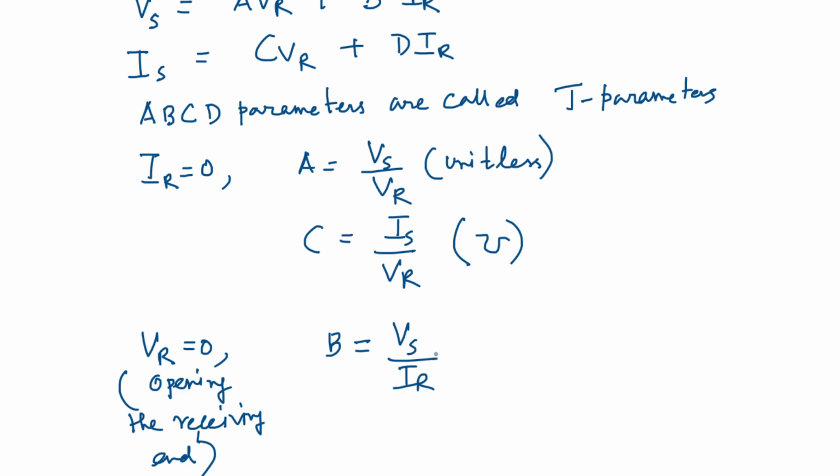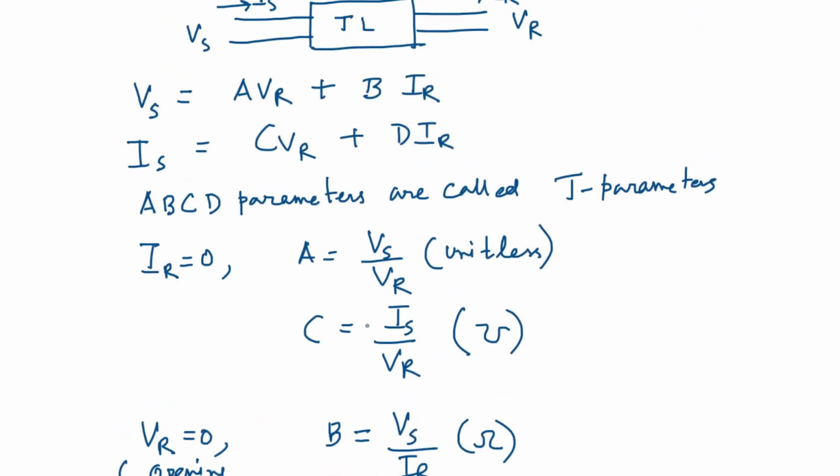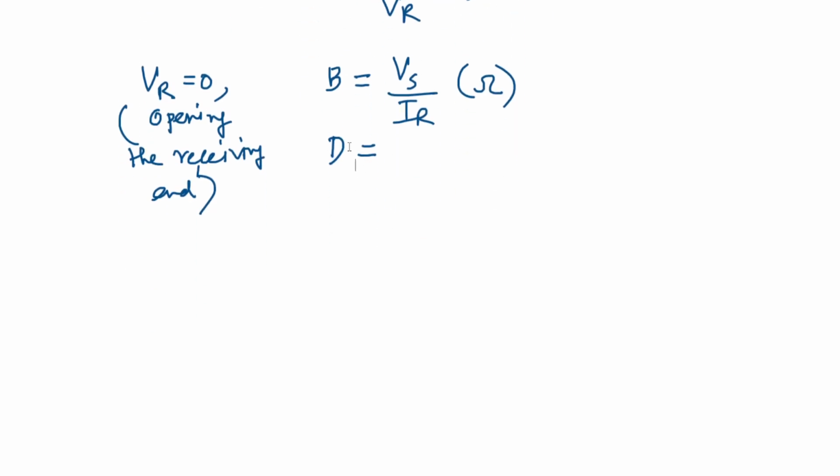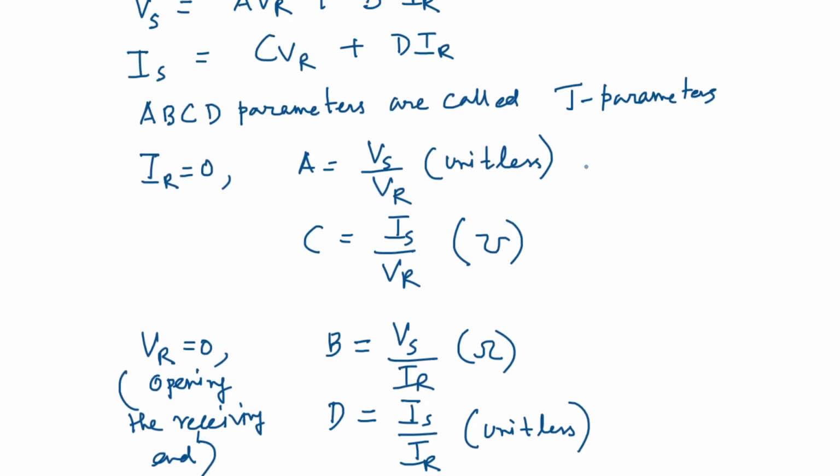As it is a ratio of voltage to current, it bears a unit of ohm. And lastly we have D. D is the ratio of Is by IR. It will be unitless. So essentially the transmission line parameters ABCD can be defined by these four equations.